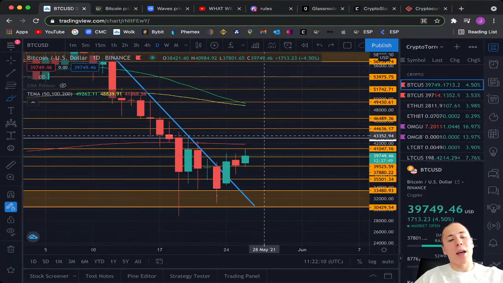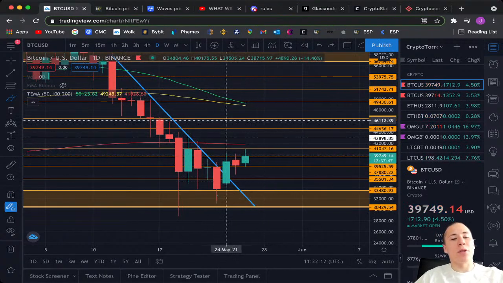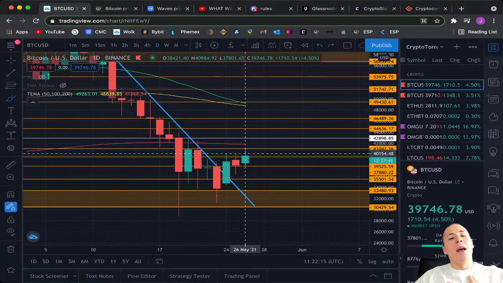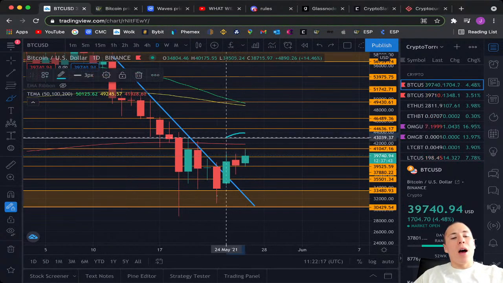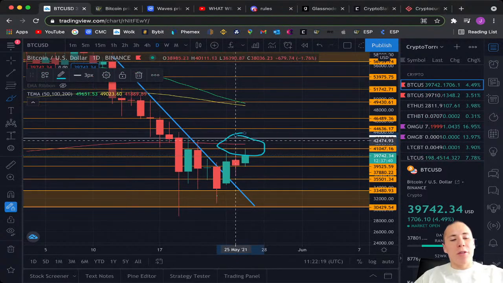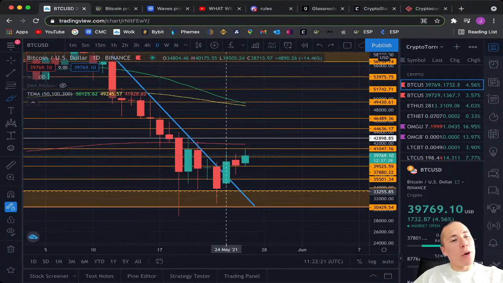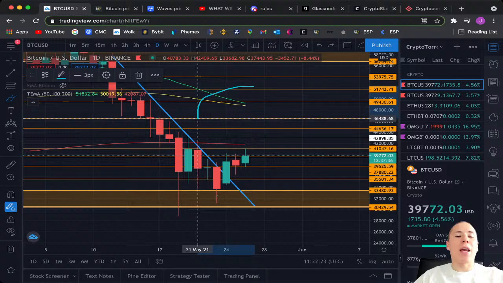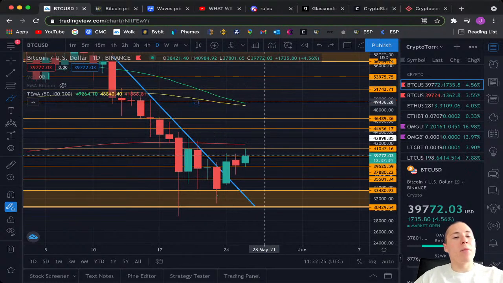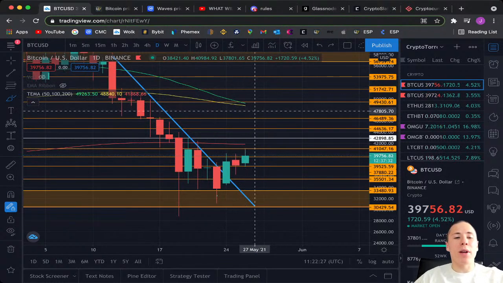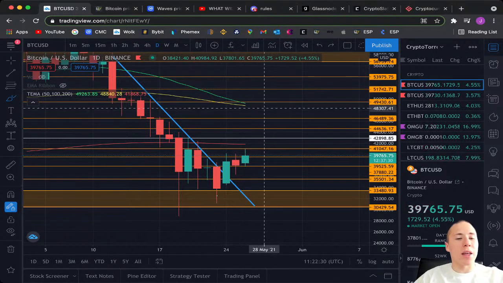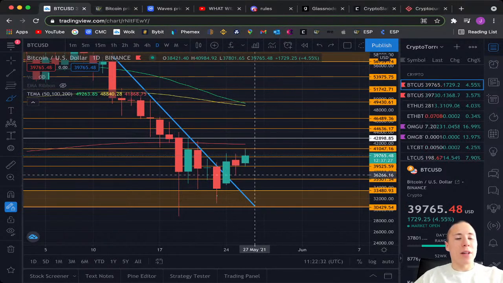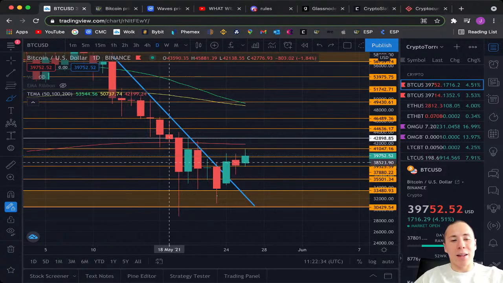So I am taking a look at the moving averages, and personally this looks to me like a possible upper resistance that we have to break above before heading further up and breaking above the 50 and 100 day moving averages as well. The 50 day moving average, just for the record, is the green one, the 100 day moving average is the yellow one, and the 200 day moving average is the red line that we are seeing over here.